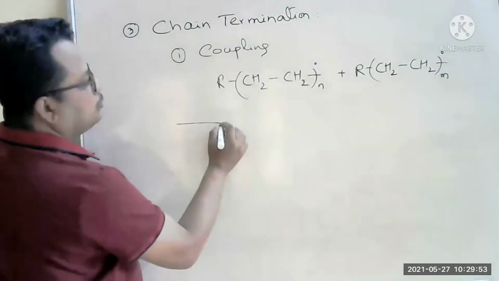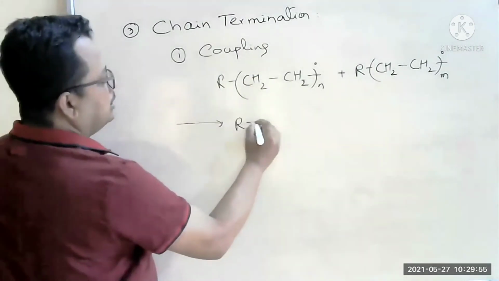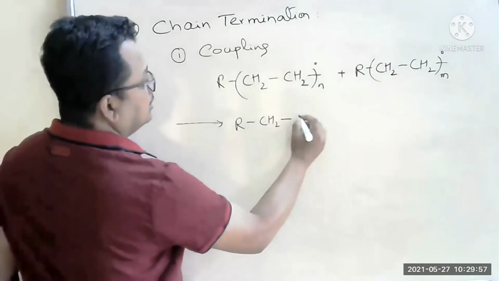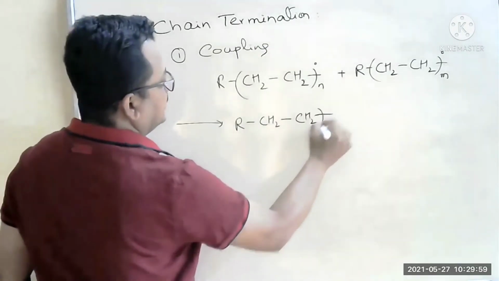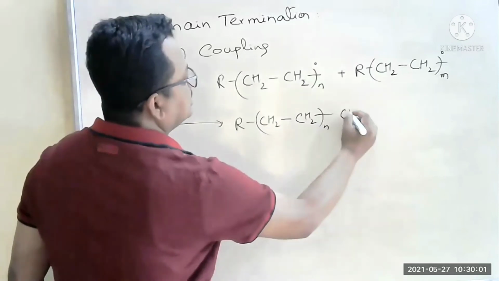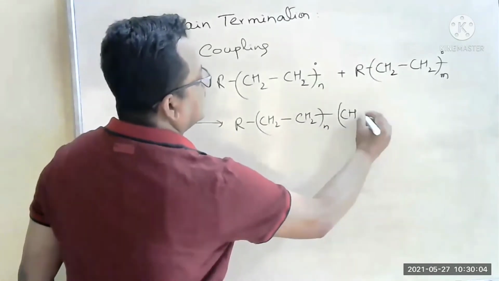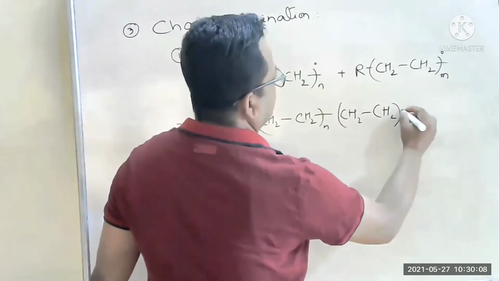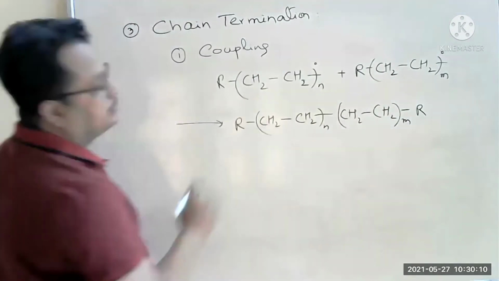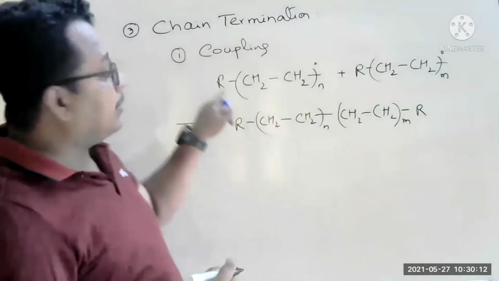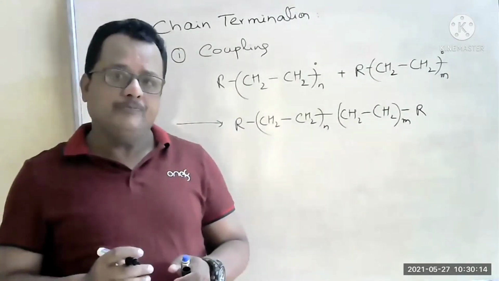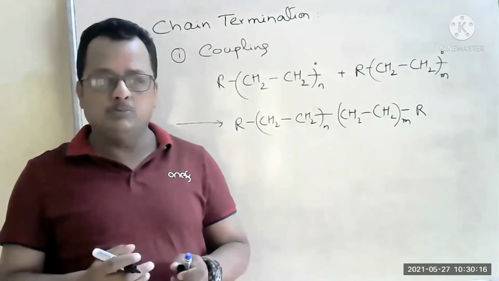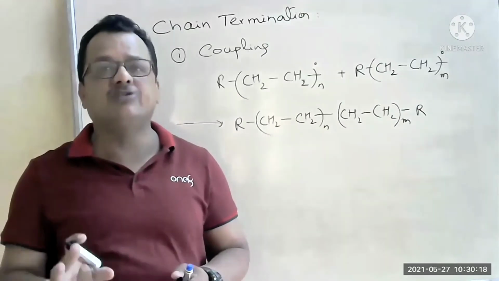Then when two free radicals combine together, it will result in the formation of what? Of a new covalent bond. Here is a new covalent bond. So through coupling, two free radicals will join together and a new covalent bond will be formed, and in the process no free radical is generated.